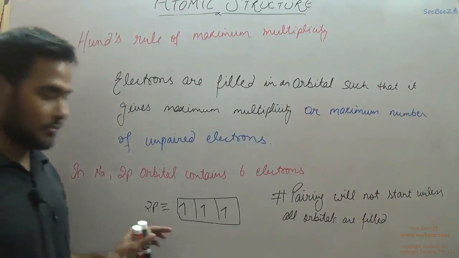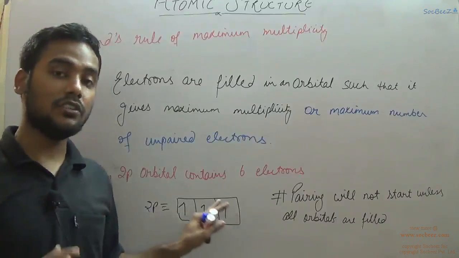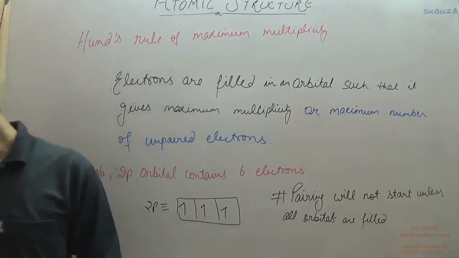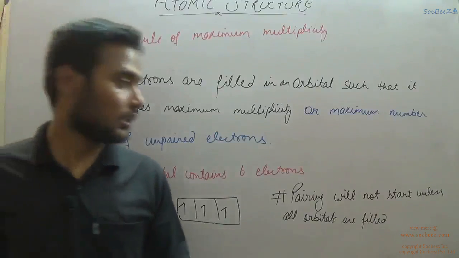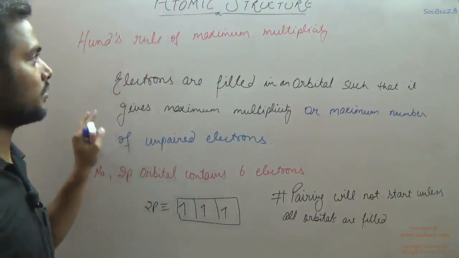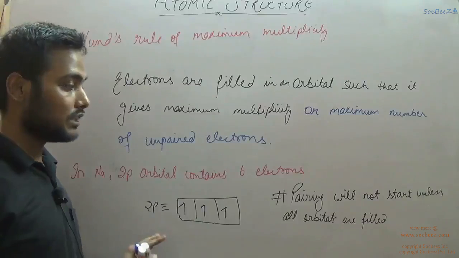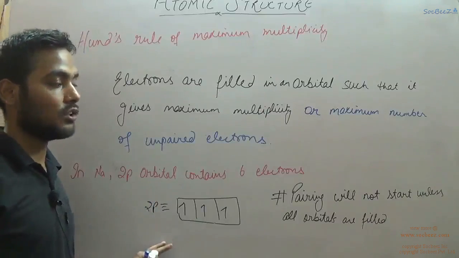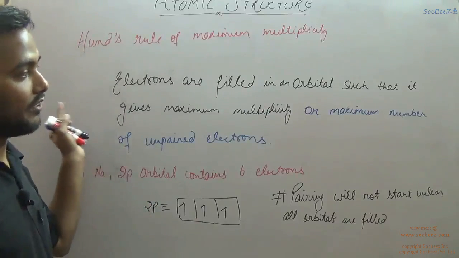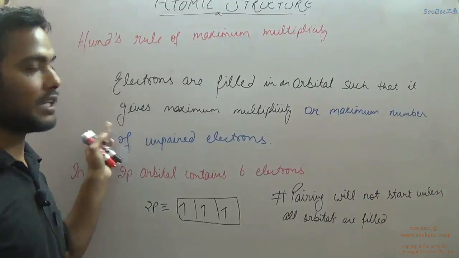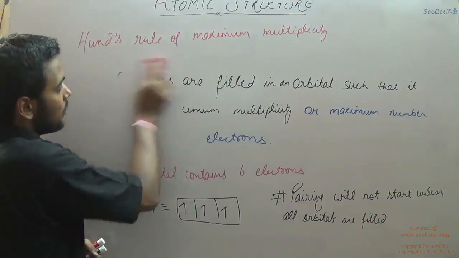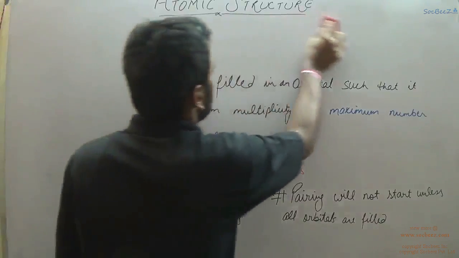So this is the statement made by Hund's rule of maximum multiplicity: pairing will not start unless all orbitals are filled, or the orbitals are filled in such a manner that gives maximum multiplicity.